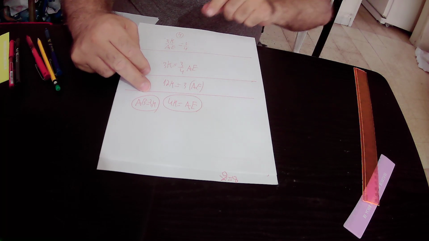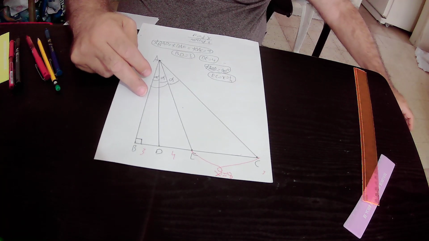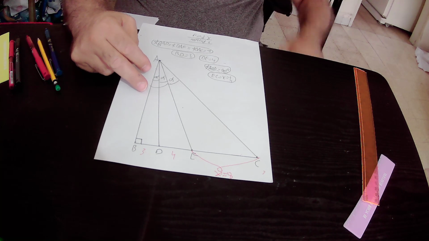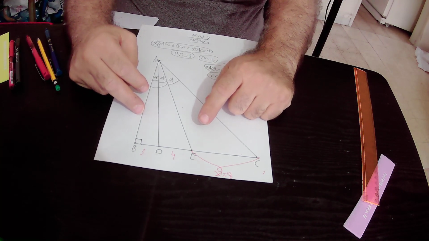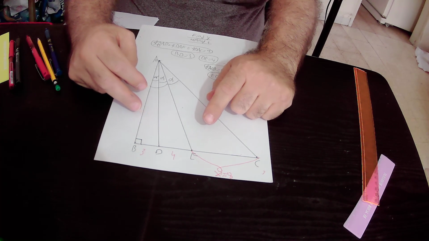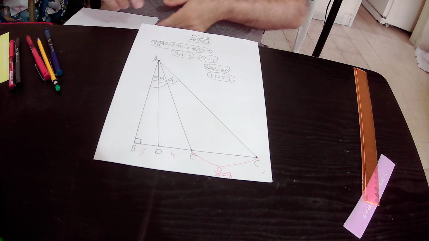Then we continue to focus on the right triangle ABE. In the right triangle ABE, the square of the hypotenuse equals the sum of the squares of the perpendiculars, that is to say, AB square plus BE square equals AE square.